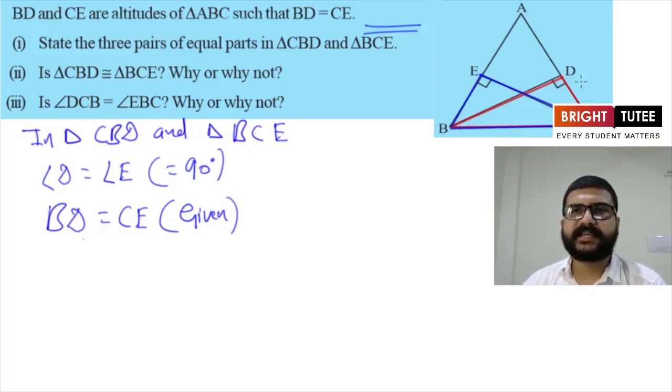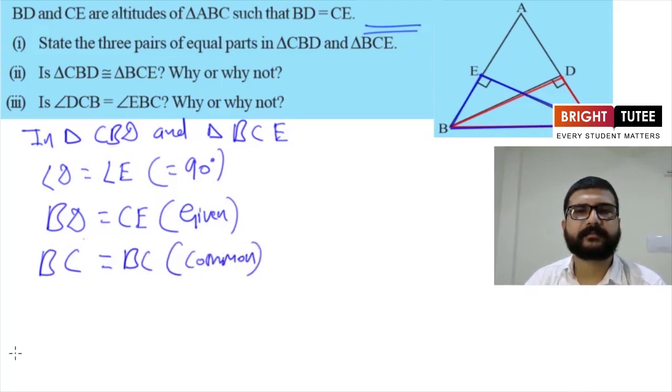Triangle CBD, and this one of the sides is CB or BC, and triangle BCE, here also one of the sides is BC, so it means we are having BC common. So BC is equal to BC, and this is the common side. So these are the three pairs of equal parts in triangle CBD and triangle BCE.